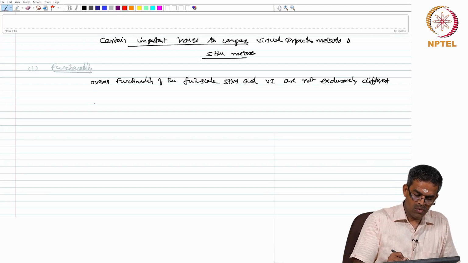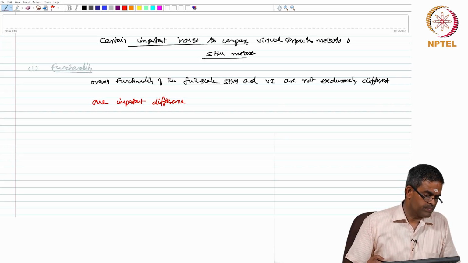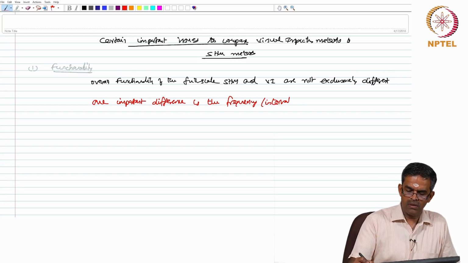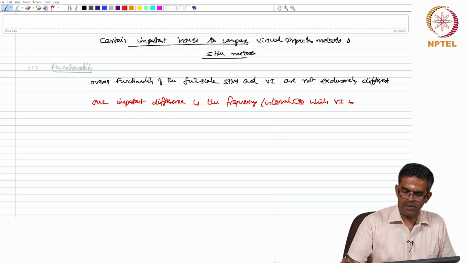But one important difference is the frequency or the interval at which visual inspection is carried out.